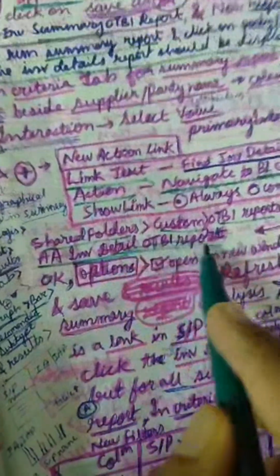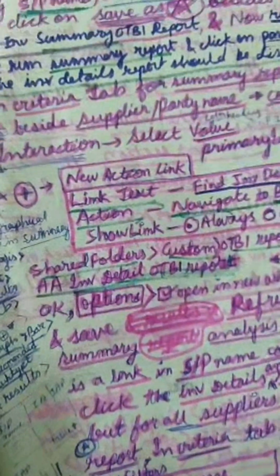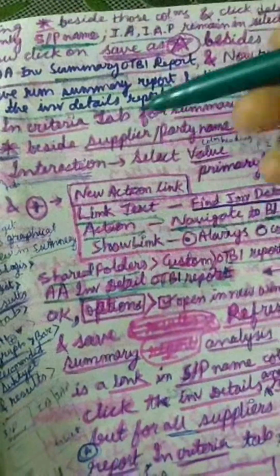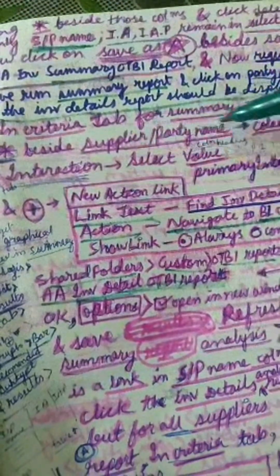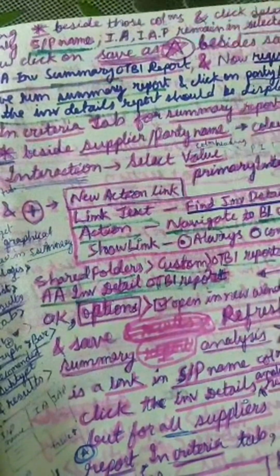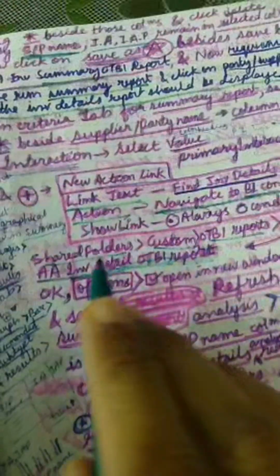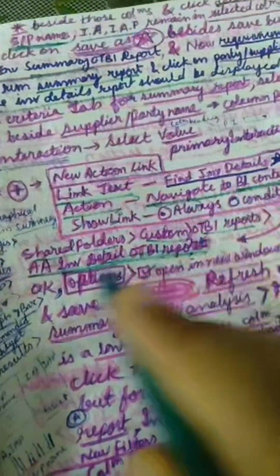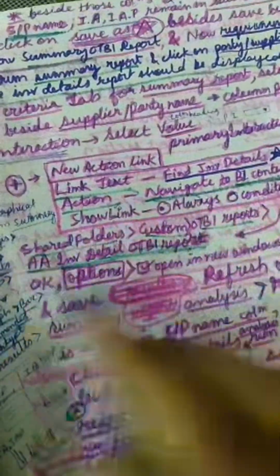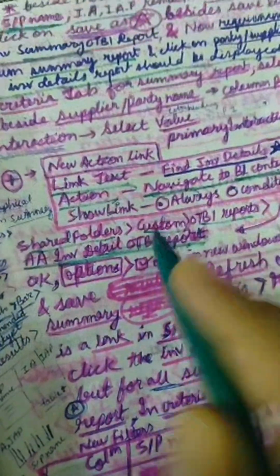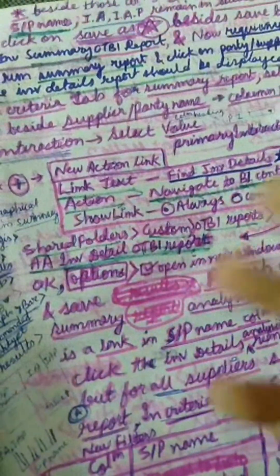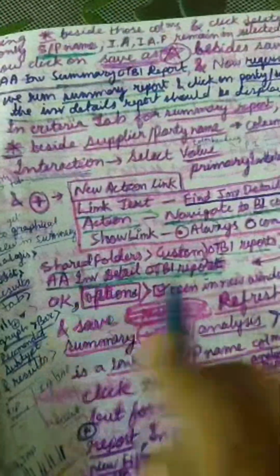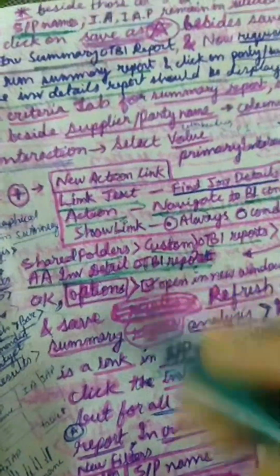I want to show this once you click on any entry of this particular column, supplier or party name in the summary report, right? So here I am selecting the report after navigate to BI content. It shows me a window to select the target report or target analysis I want to see.